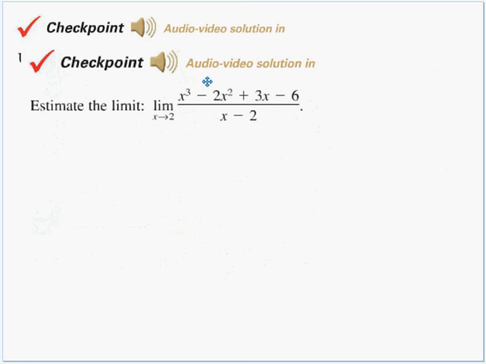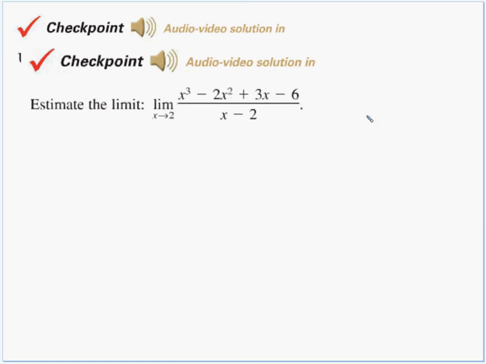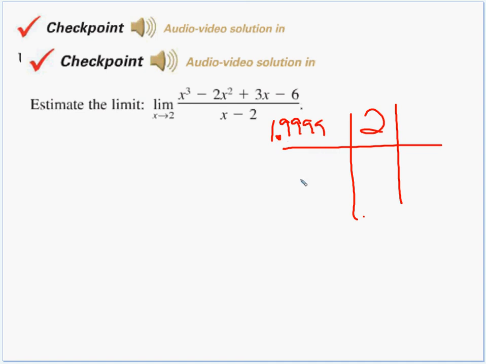And the second one, our number of approach was 2. I did it to 4 places here, 1.9999. That gave me a 6.9996, and 2.0001 gave me a number 7.0004.